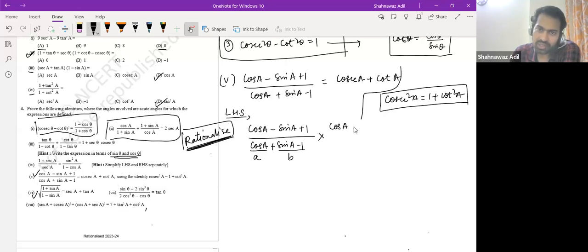This is cos a minus sine a plus 1 divided by cos a minus sine a plus 1. Or if I simply write it as this one, you can also write it like this.